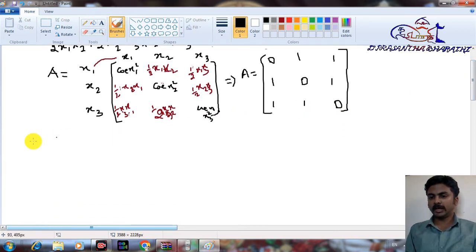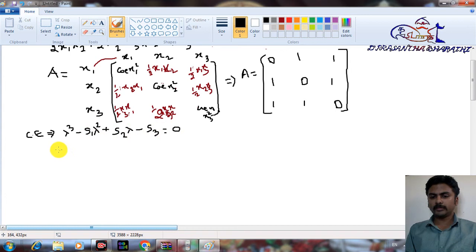For this A we want to write the characteristic equation. The characteristic equation for a 3 by 3 matrix can be given by lambda cube minus s1 lambda square plus s2 lambda minus s3 equal to 0.